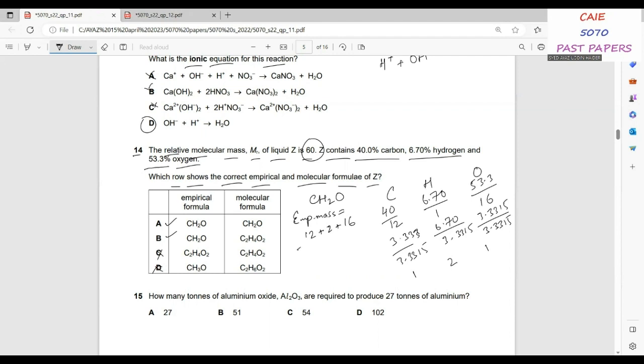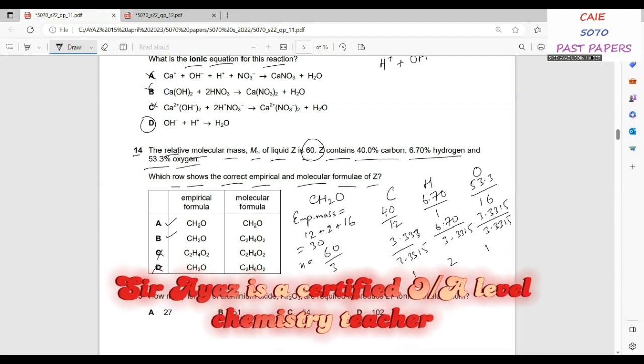So you'll add up these values, you will get 30. So we'll get n by dividing the molecular mass by 30. 60 divided by 30, we'll get 2. So multiply 2 by CH2O. So we'll get C2H4O2. So B will be the right answer for this question.